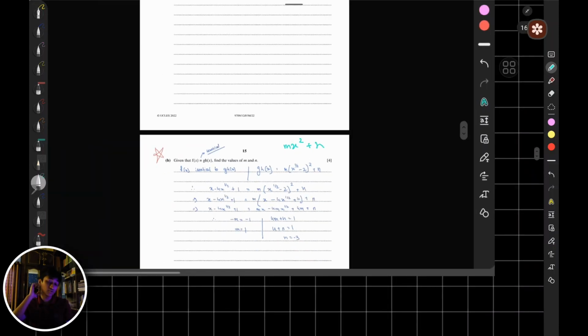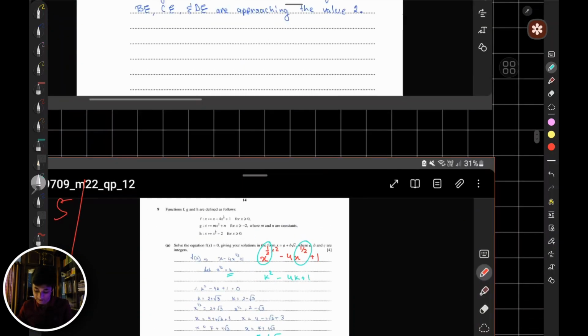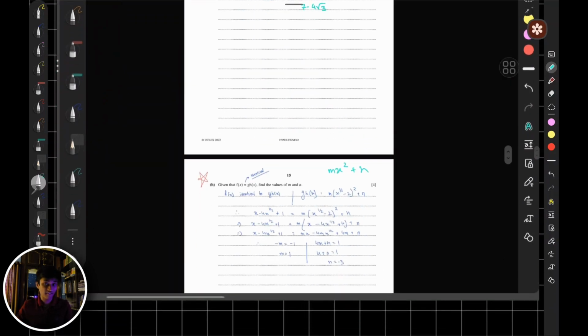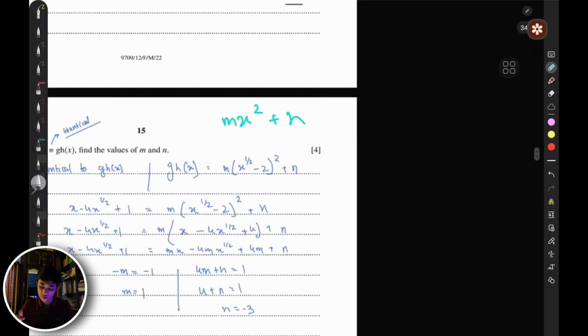So how do you find g of h of x? You know h of x is what? X to the power half minus 2. So plug in x to the power half minus 2 where x is, right? So you have m times x to the power half minus 2 whole square plus n, that is your g of h of x function.